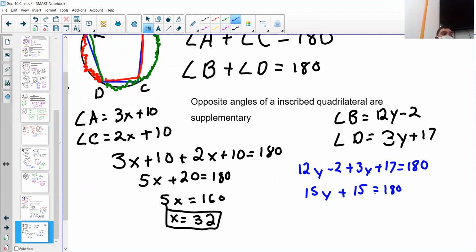Remember, when you combine like terms on the same side, you're not doing the opposite operation, you're just doing the normal operation. When you go to the other side of the equal sign, that's when you have to change to the opposite. So opposite side of the equal sign means opposite sign you're doing. So that's minus 15, then divided by 15. So this is 165, and y equals 11.